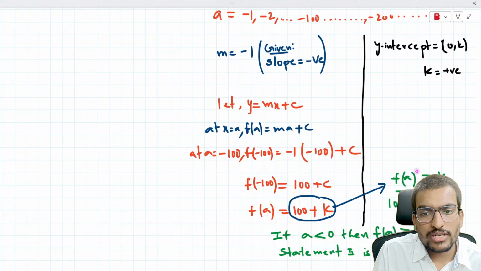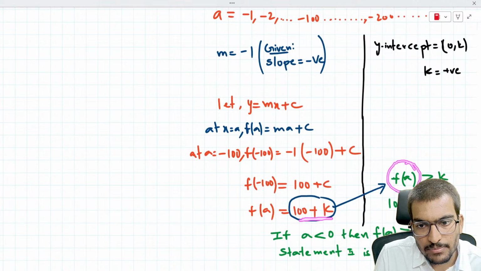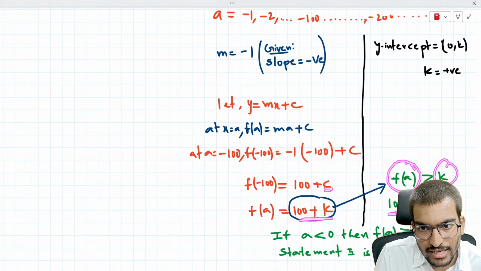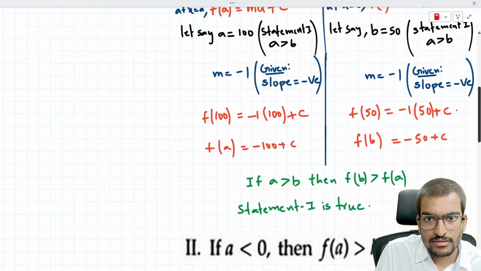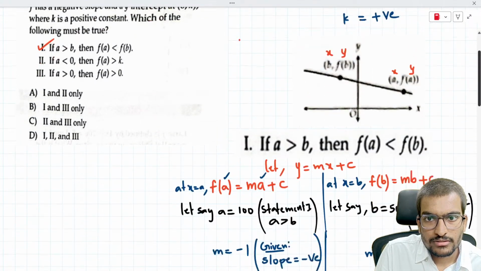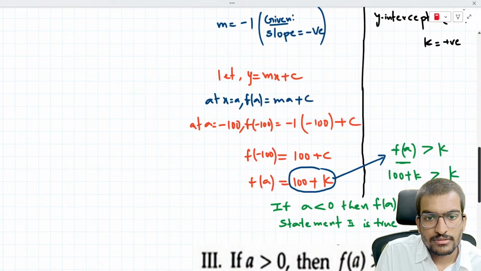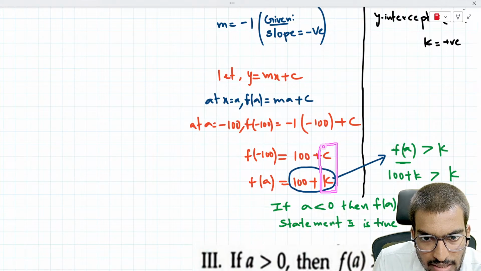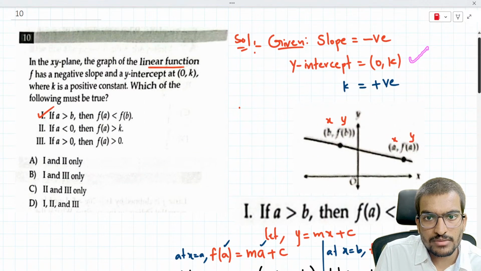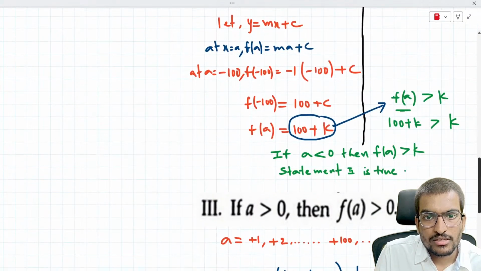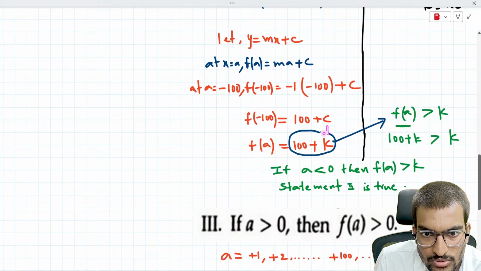What is f of a you got? 100 plus some constant. The c is a constant and this is k. If you can see here, at the y-intercept, that is k. So c value is k.